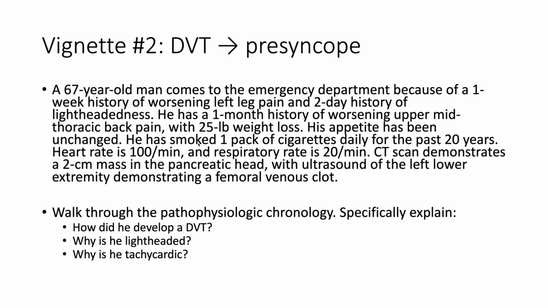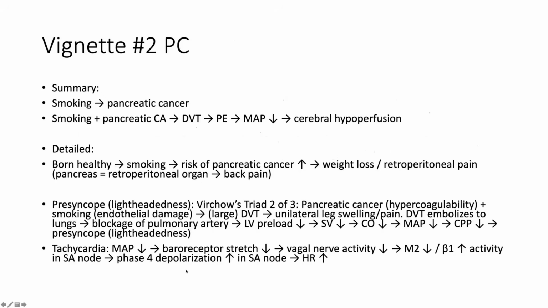And the DVT dislodges an embolus, which causes PE. That PE increases resistance to blood flow, and there's decreased cardiac output, which decreases the MAP and decreases the cerebral perfusion pressure. The decrease in MAP also results in activation of the sympathetic outflow because of the baroreceptor reflex.